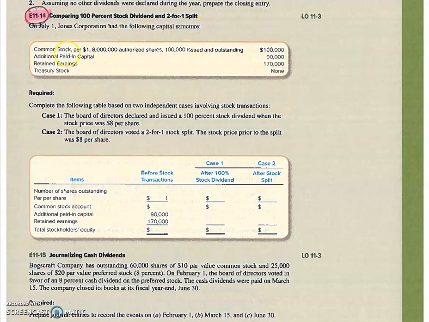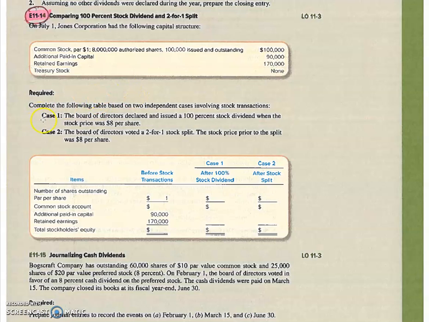So we see common stock, par value $1, 8 million shares authorized, 100,000 shares outstanding, so $100,000 of par value of common stock, and additional paid-in capital $90,000, retained earnings $170,000, and no treasury stock. Complete the following table based on 2 independent cases involving stock transactions.